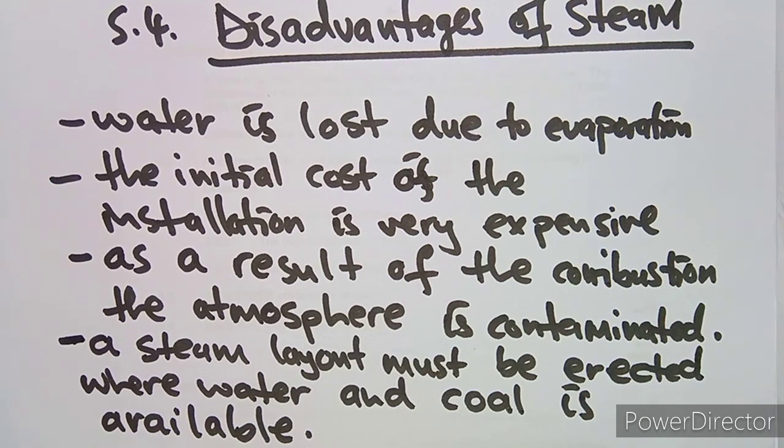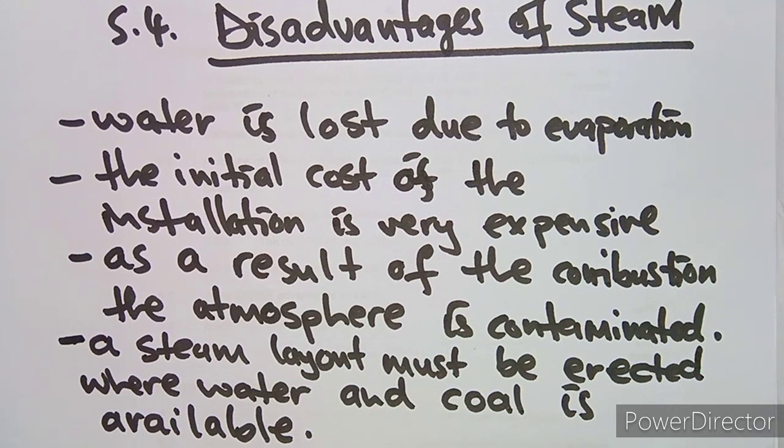And as a result of the combustion, the atmosphere is contaminated. Because you're burning coal, the atmosphere is going to be contaminated by the combustion of the fuels, not only coal but some of the other fuels which will be used there.